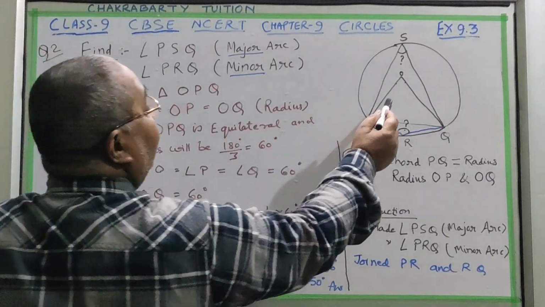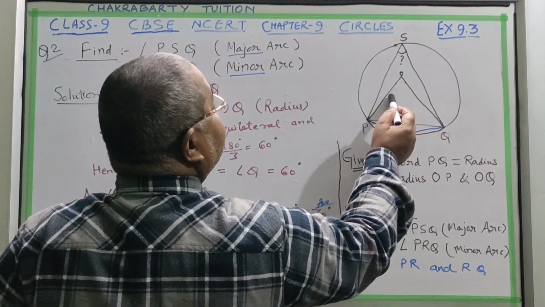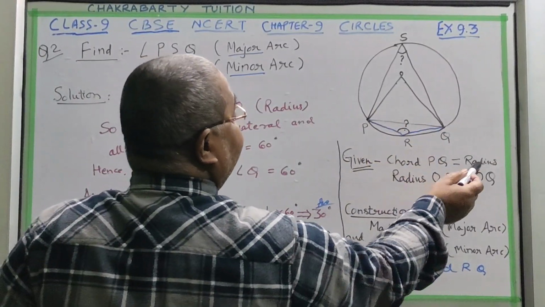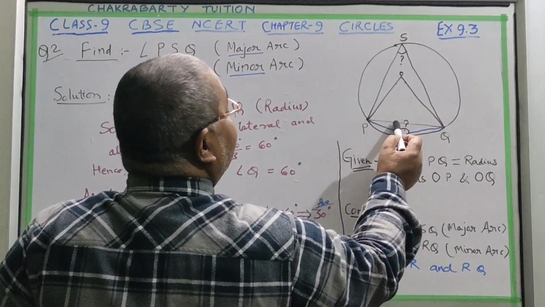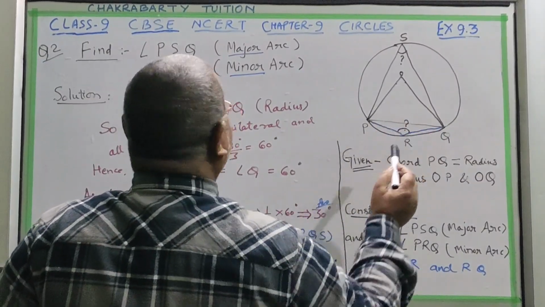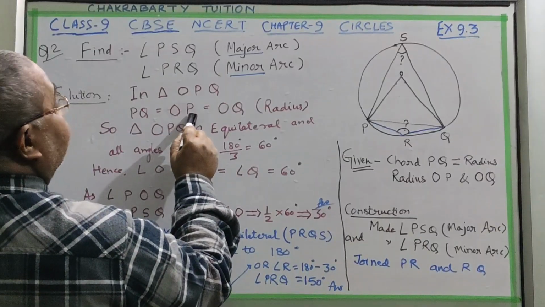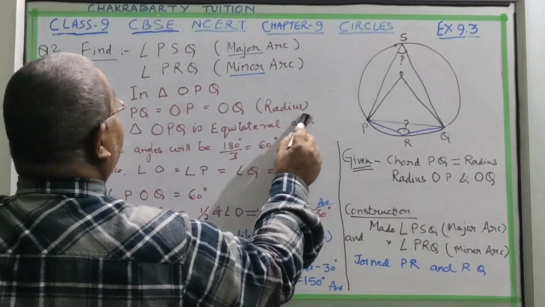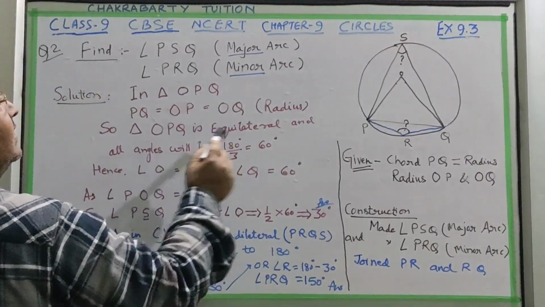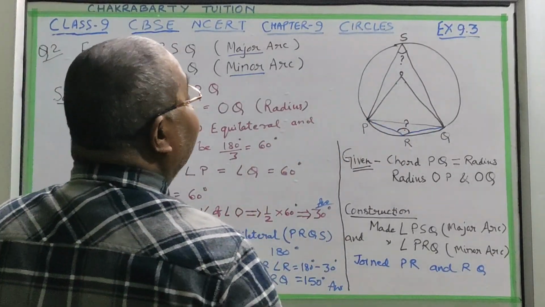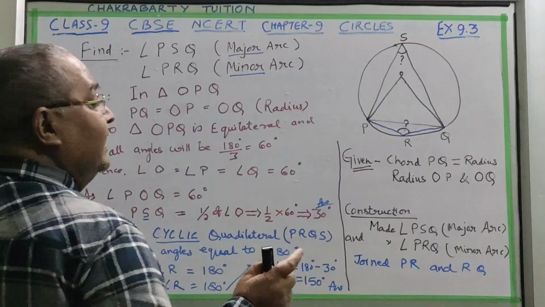So in triangle OPQ, you see this is also a radius, and this chord is equal to the radius. So all are radii, which means all lines are equal. It means PQ, OP, and OQ are all radii, so all are equal. So this triangle is an equilateral triangle, and in an equilateral triangle, all angles are equal.